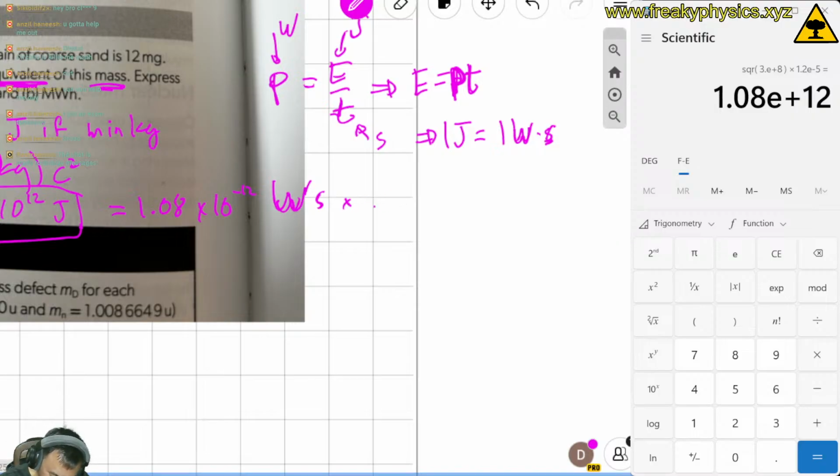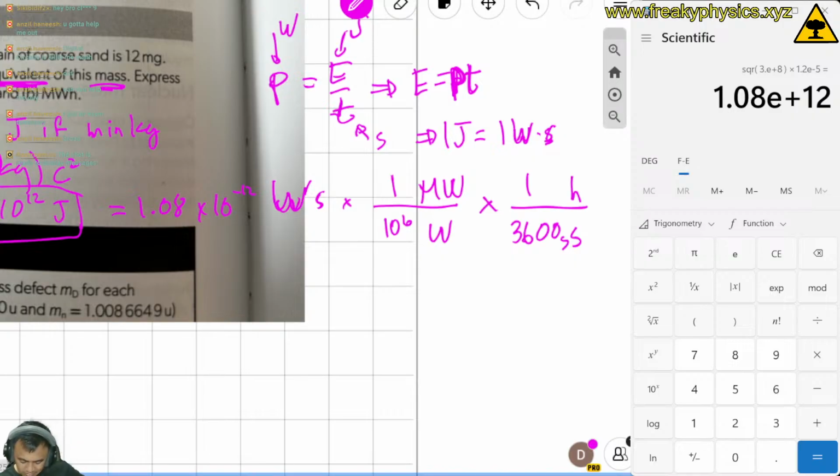So megawatts: 1 megawatt is a million, 10 to the 6 watts. And similarly, we change from seconds to hours, so 1 hour is 3,600 seconds. Basically that's it.